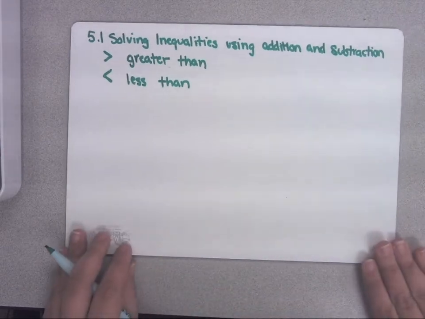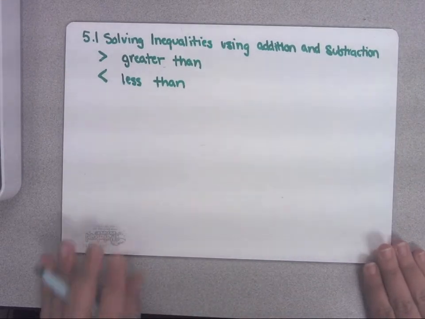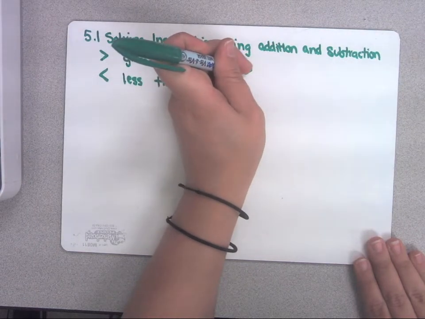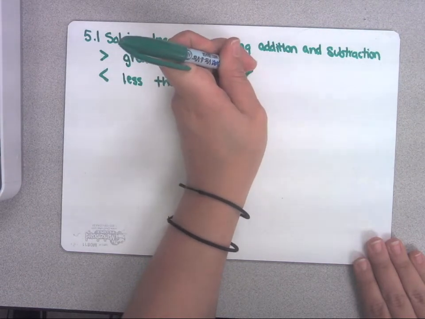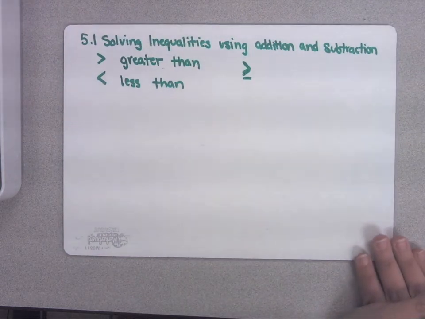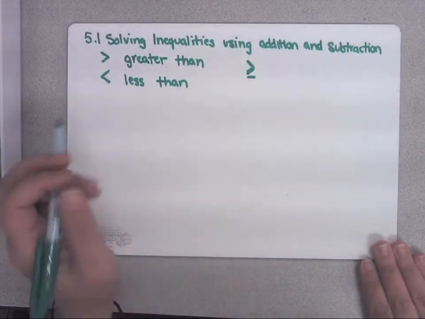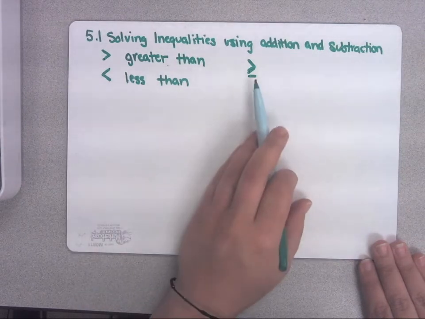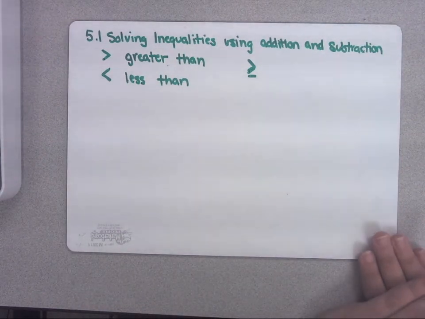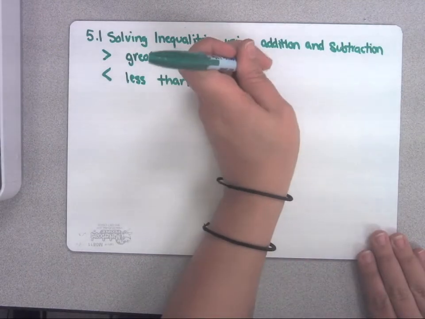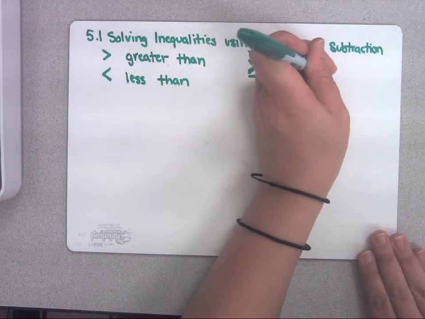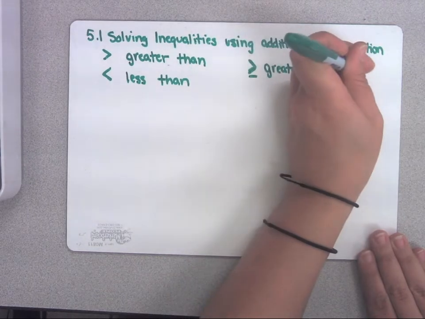I'm writing them in this specific way for a reason. I'm going to write my greater than one with the bigger side opening to the left, then put a straight line underneath it. If this one means greater than, what do you think that one means? Gunnar, you remember? Yes, greater than or equal to.